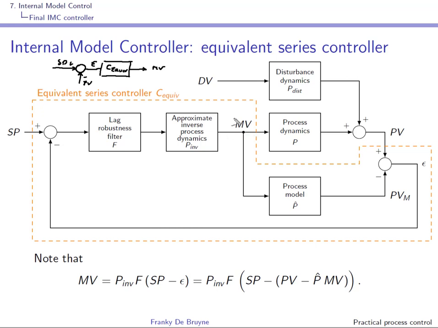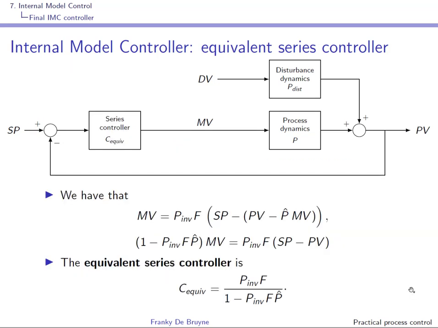What we can see over here is that MV is indeed P inverse times F acting on SP minus epsilon. This is this dynamic optimization. Well, and epsilon we can replace by PV, which is coming from the process, minus P hat MV. So this is MV going through the model. Well, this is the equation that we had obtained in the previous slide, and now you can rewrite this because you have an MV dependence over here and an MV dependence over here.